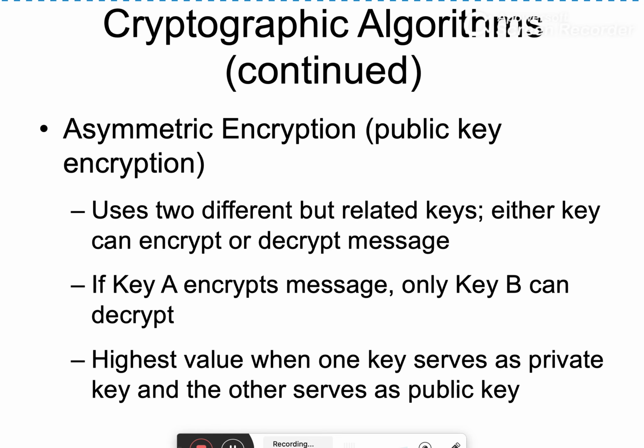If key A encrypts a message, then the other related key B will be used to decrypt the message. One key is called a private key and the other key is called a public key.